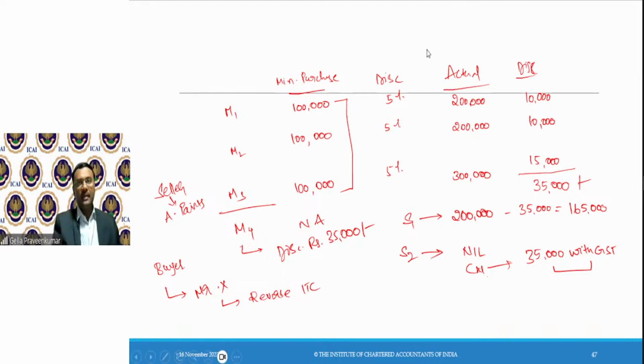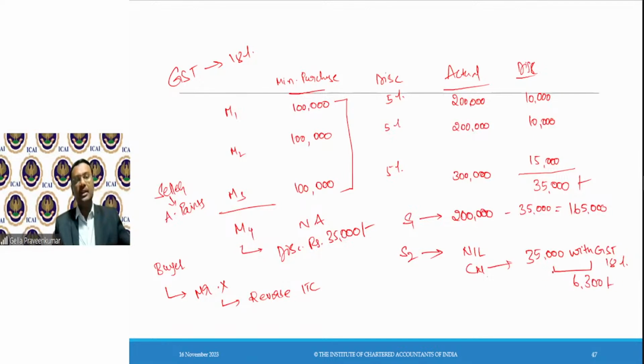Let me make an assumption: my GST rate is going to be 18%. On 35,000, 18% happens to be rupees 6,300.